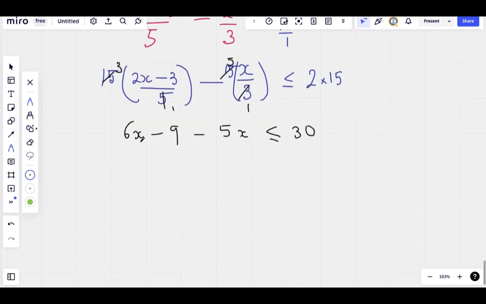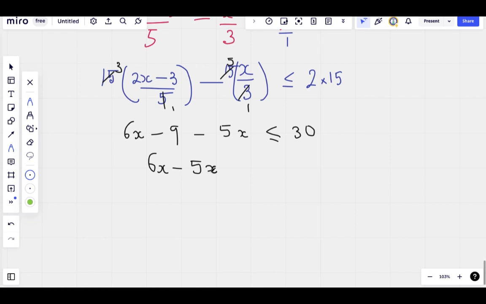So we collect like terms. Remember, this 5x and this 6x are on the same side, so the signs are not going to change. We just write 6x minus 5x. Some may ask why you write minus, it's supposed to become plus. It's still minus because they are all on the same left side. It's not coming from the right. If it's coming from the right side, the sign will change.